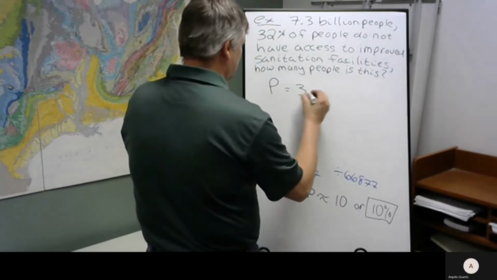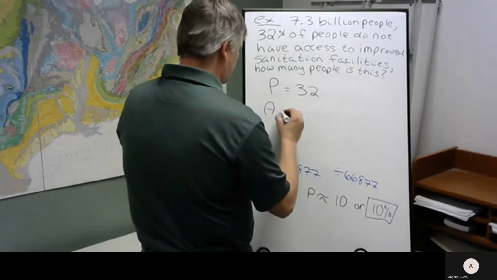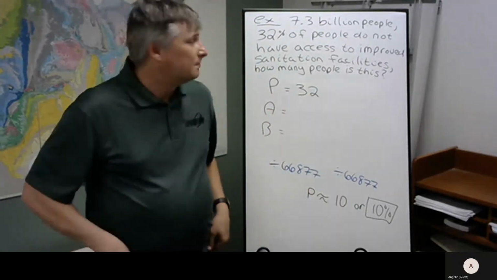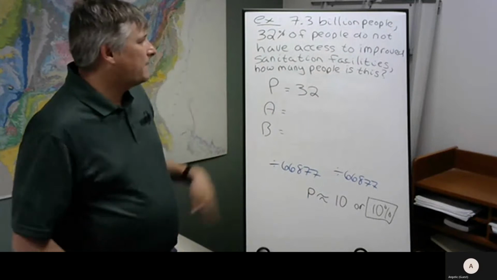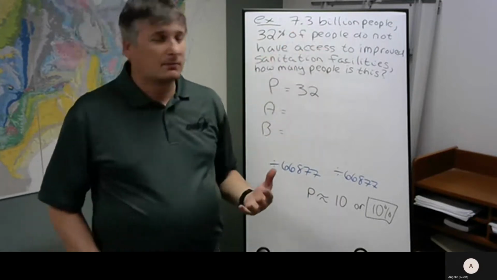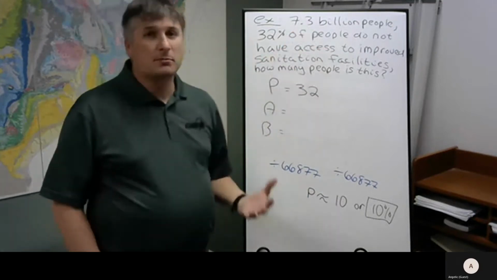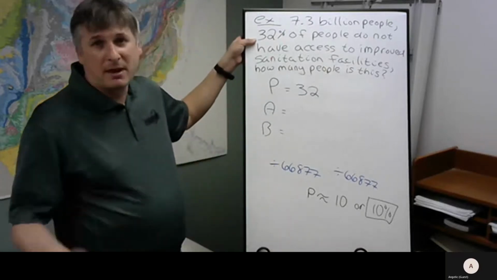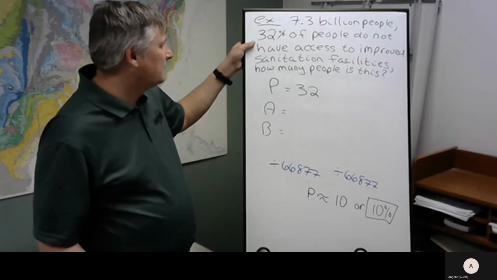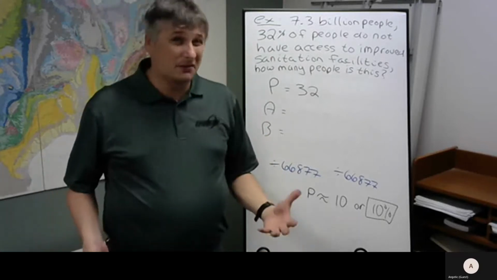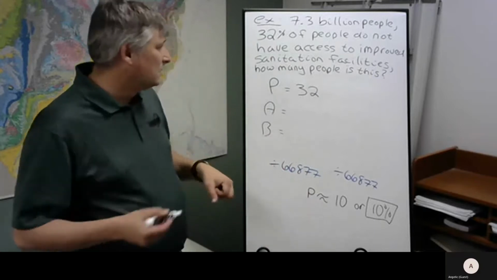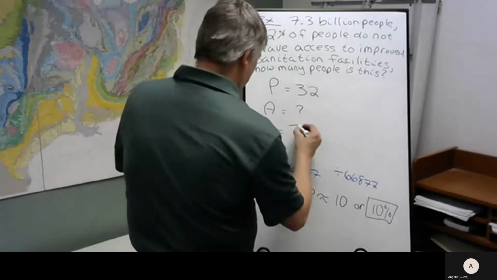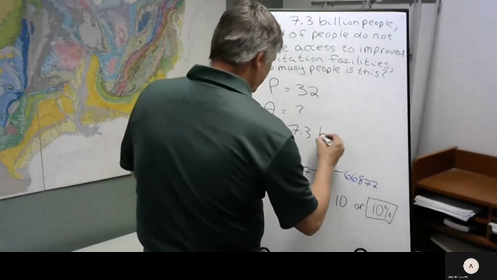That's 32. Now I want to look at amount and base. Well, we have 7.3 billion people, and we're interested in 32% of that population. So we're interested in a part or an amount of the entire population, but we're not told what that amount is other than given in percent. So the amount is unknown, and our base, 7.3 billion.